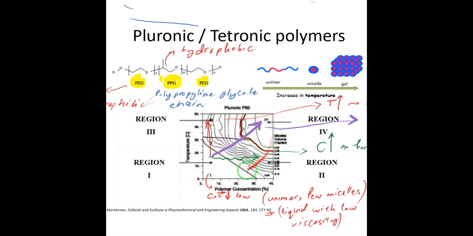You see here that if we increase the concentration of the unimers of these pluronic polymers, they will finally form the micelles. On the other hand, if we increase the temperature relatively high, at high temperatures we will have the micelles dispersed in our solvent as well.